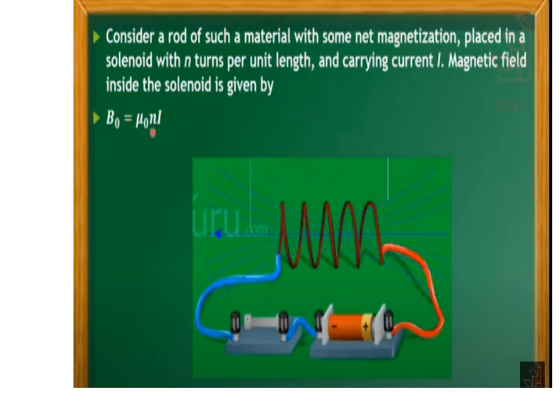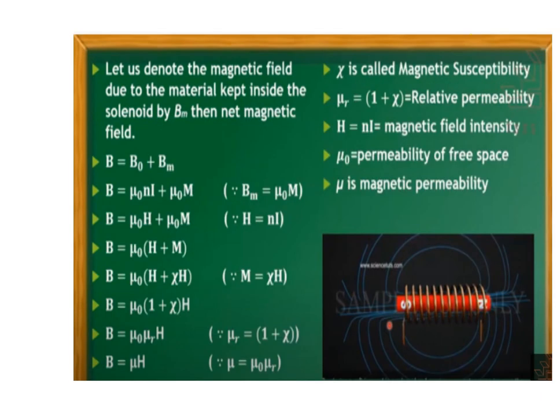Okay. So next, consider that we denote the magnetic field due to the material kept inside the solenoid by Bm. If the material is placed in the solenoid, the magnetic field due to it is given by Bm. Then the net magnetic field is given by B is equal to B naught plus Bm.